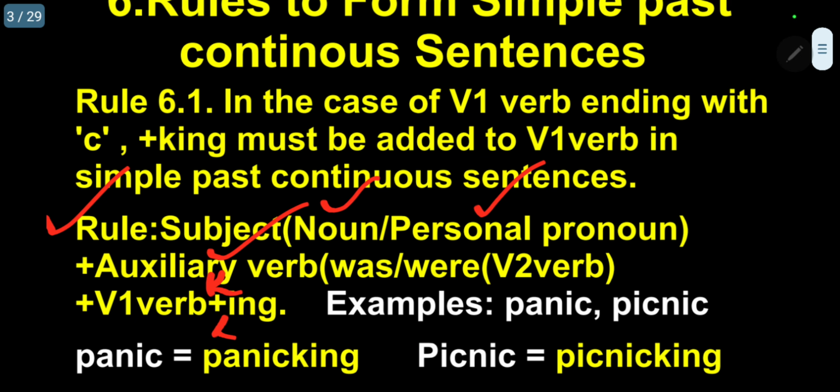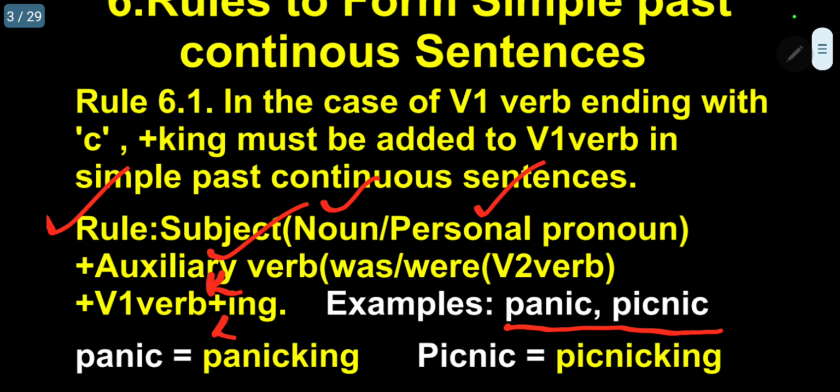So, I am giving the example. There are two examples I am giving here: panic and picnic. These are very simple examples. Even in the Oxford Dictionary, only two I have observed.